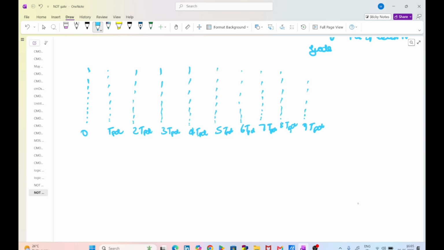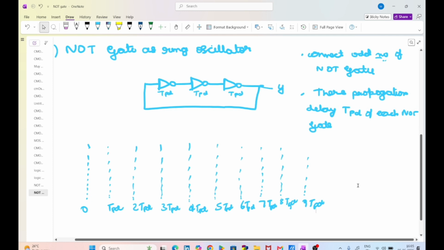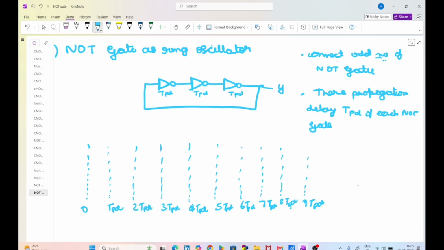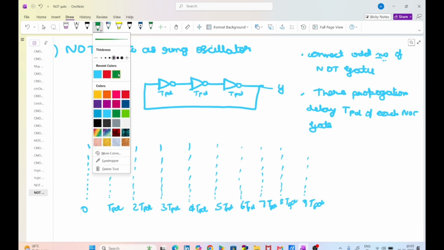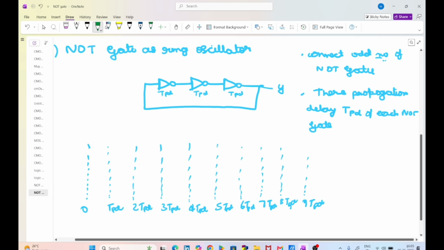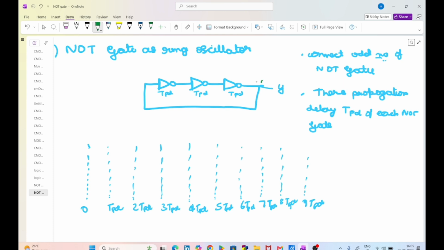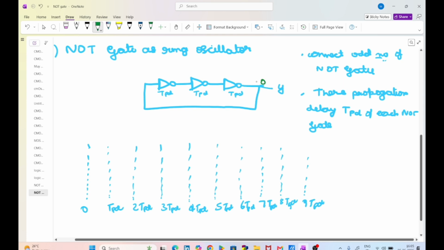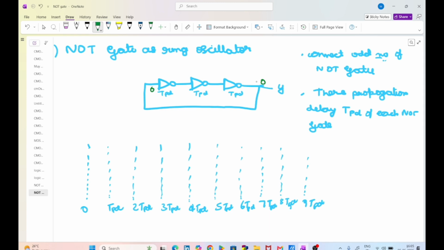Let us explain this concept to you. I will change the color to green to explain this concept. Let us think the output here is 0. When it is 0, here it will be 0, right? Till TPD the output is 0.